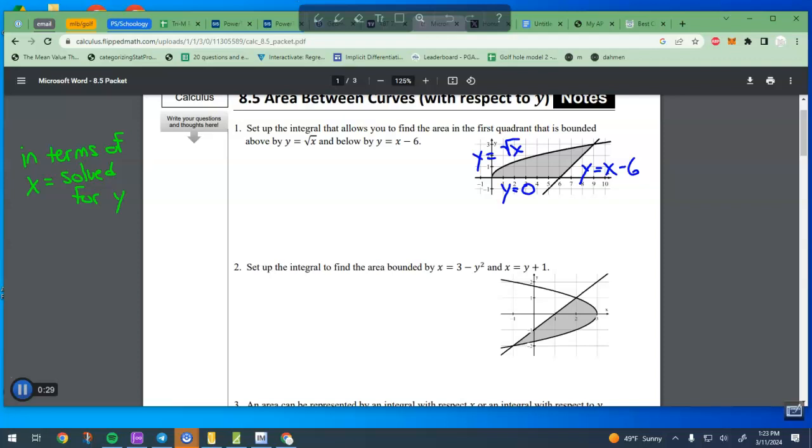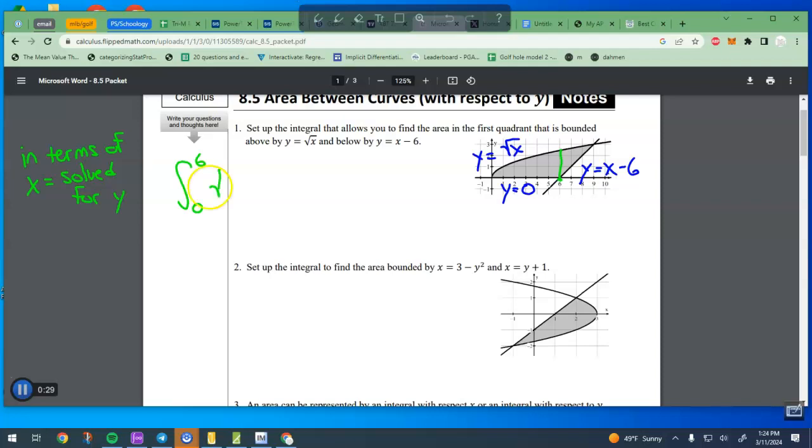And when we did the stuff on Thursday, the whole thing is in terms of x. All the equations were like y equals blah blah blah x. These are two x values, the left hand x value and the right hand x value, and then dx. So when we did this on Thursday, we had from 0 to 6, because this is a split point where the bottom equation changes.